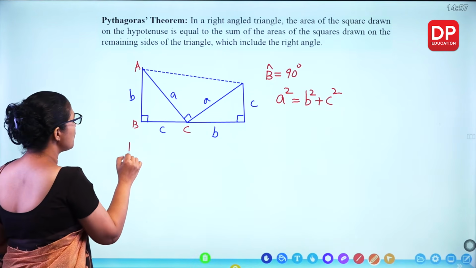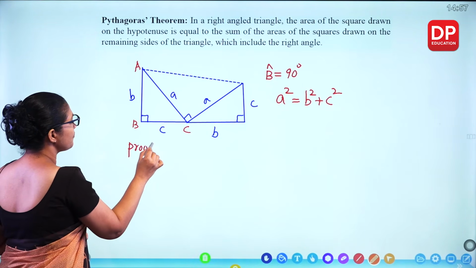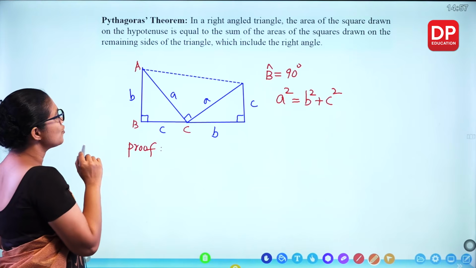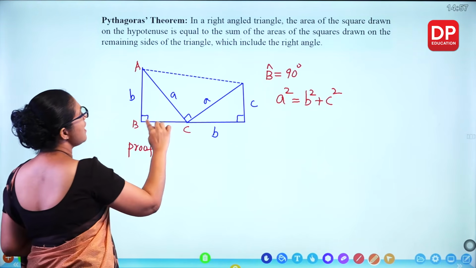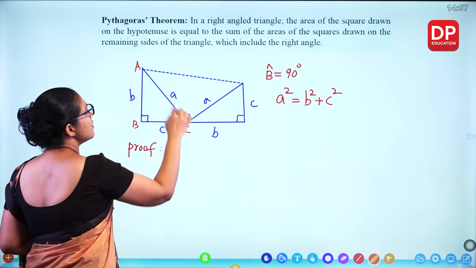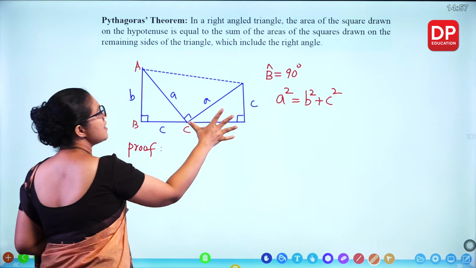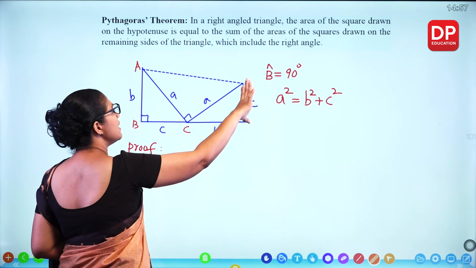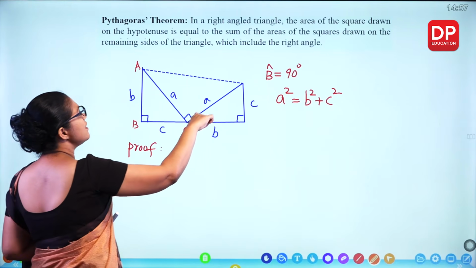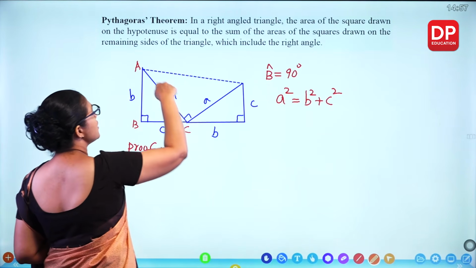Now we'll try to prove that using this diagram. What I did, I took the other length here. To this triangle, if this is C, I added B length and C length here. And then this way, you get the hypotenuse there.